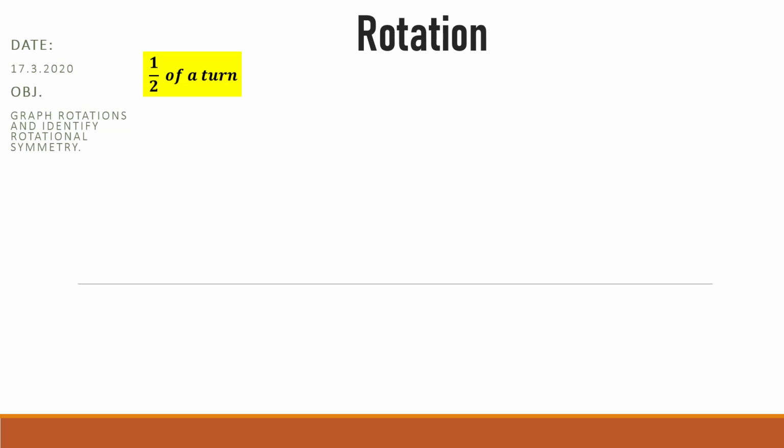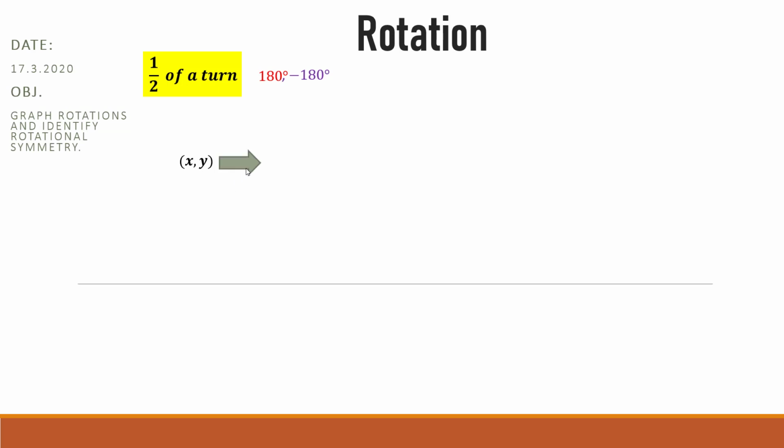And with a rotation of half a turn, that's 180 degrees or negative 180 degrees. When we have a point X and Y, we are only going to take the opposite of the signs of the two coordinates.